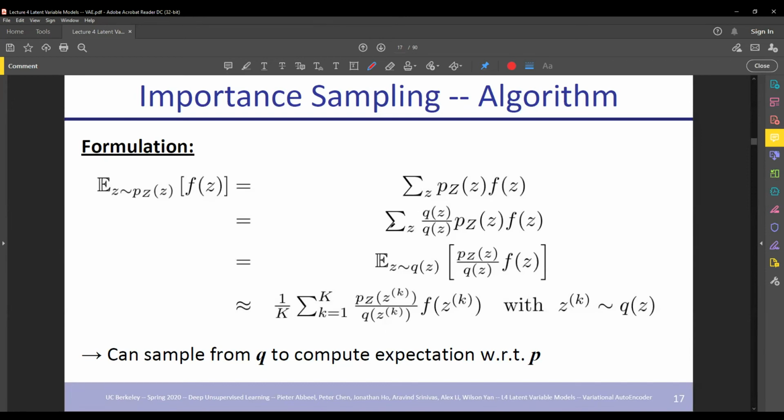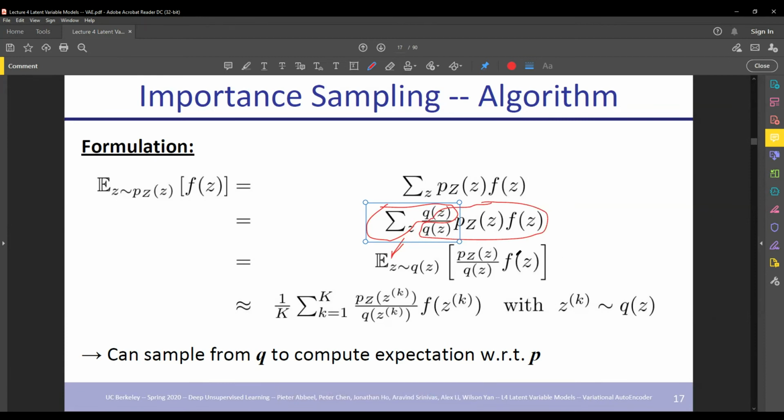So what we do in this case is we multiply and divide by Qz and sum over every z of Qz, Pz. Summing over every z of Qz is basically the expectation of z chosen from the Q distribution. So this translates to the expectation, and then you can say this is the expectation of that value.